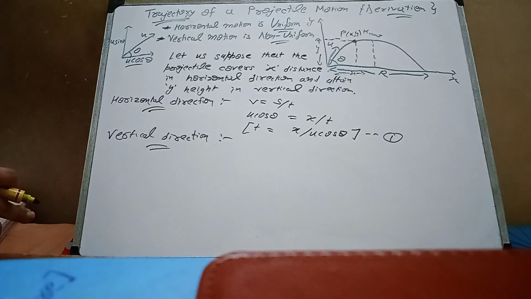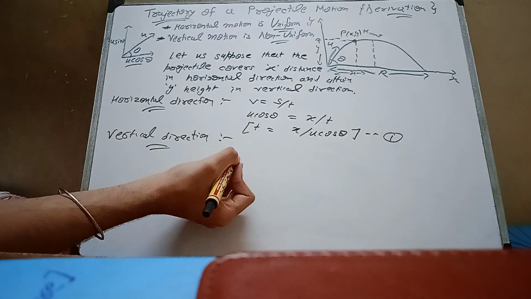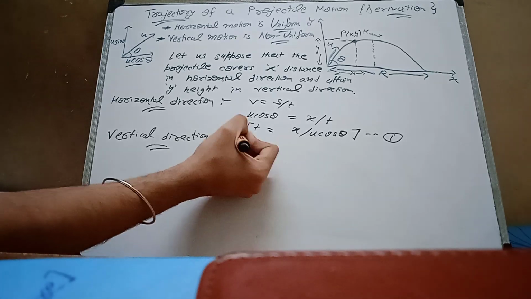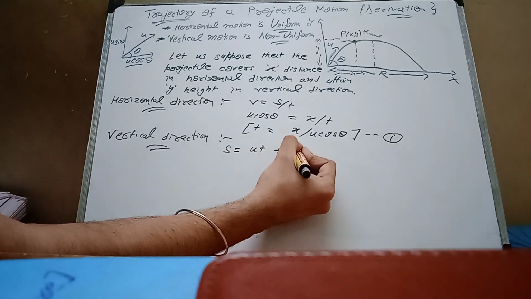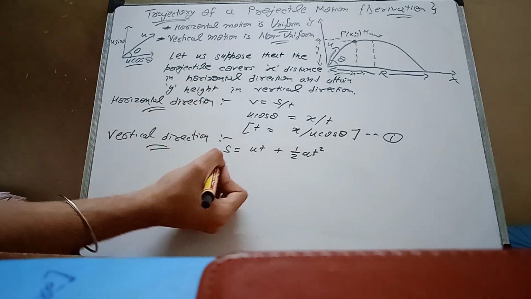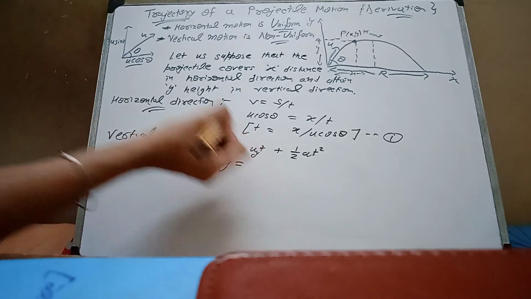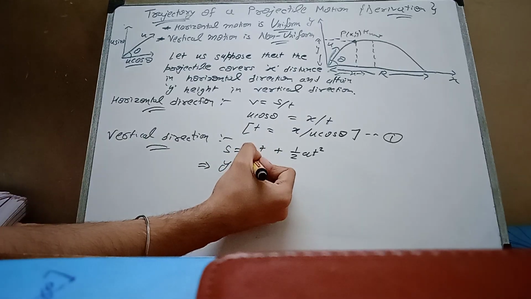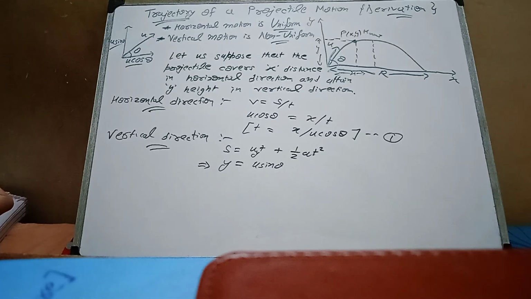So let's write the second equation of motion for the vertical direction. Mark my words, for the vertical direction: s equals ut plus half at square. Displacement in the y direction is obviously y, and velocity in the y direction is uy. What is uy? Uy is nothing but u sine theta, the velocity in the vertical direction.